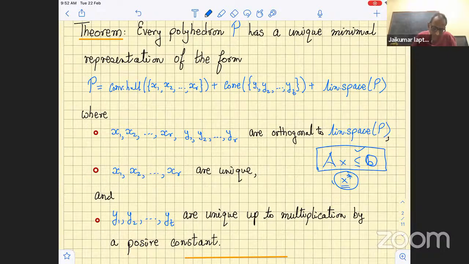But this is just a geometric picture that is written here. That is, you give me any polyhedron, don't worry how it is defined. I mean, there are many ways. So look at that polyhedron object. That object contains a little rounded part at the bottom. But this polyhedron could have extended up and down by a linear space.